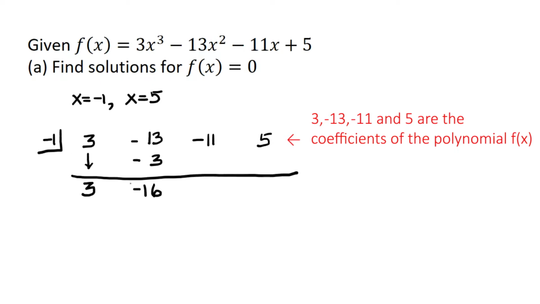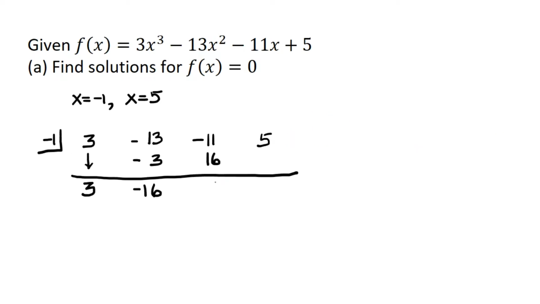Negative 1 multiplied by negative 16 is positive 16. So that's going to give me negative 11 plus 16, that's a positive 5. 5 times negative 1 is negative 5. These add up to 0, and of course this is my remainder. And that shows me that x equals minus 1 is a factor.